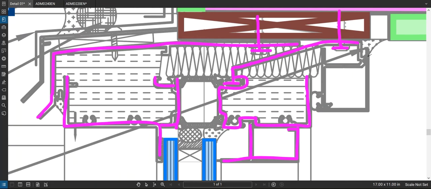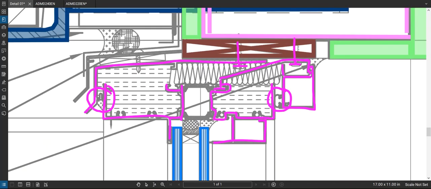This track looks like it goes down, and then this track clips into it. There are all these little components, but there's the seal on the inside, the seal on the outside, and here's the thermally broken part of the actual window frame. Looks like it's through there.